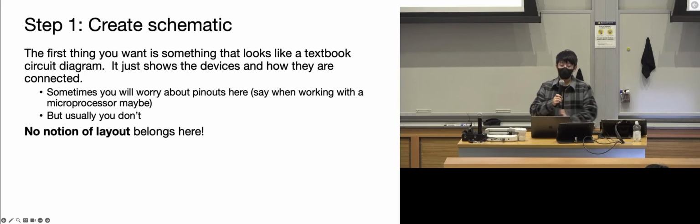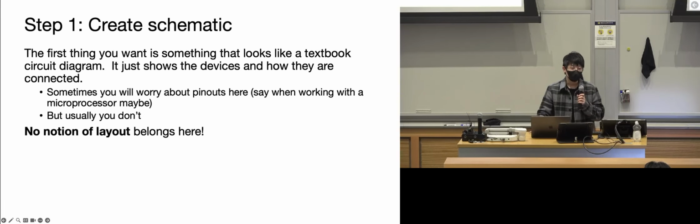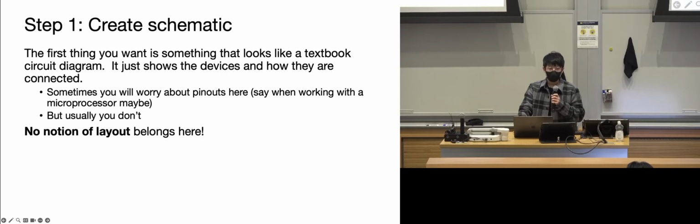First will be creating the schematic. This is just to show how each of the components, devices, passive and active components are connected together. You should be pretty familiar with this by now, based on all the 215s and some of the other classes you take.